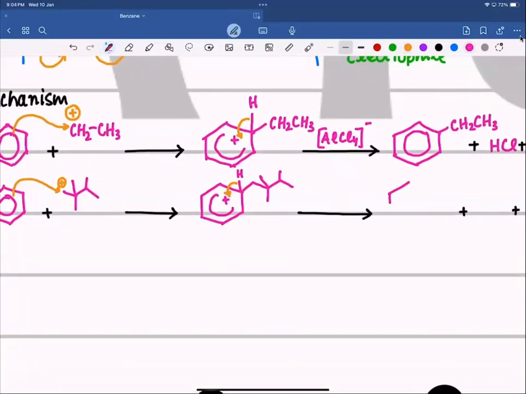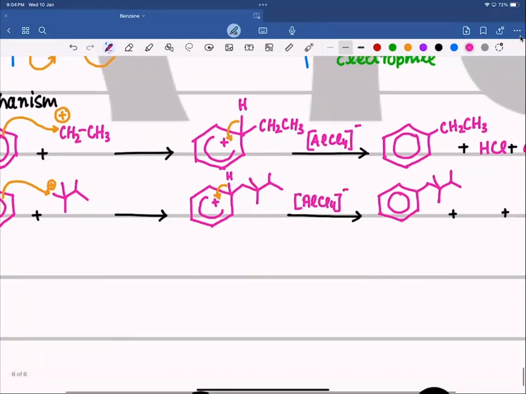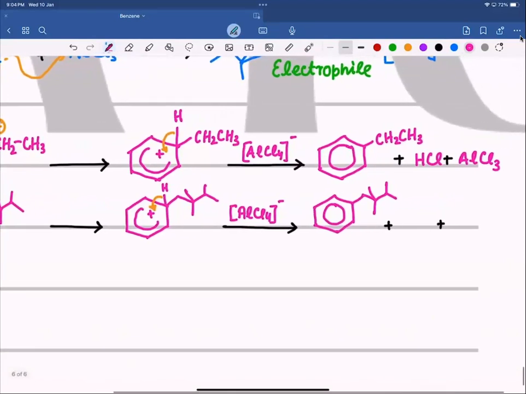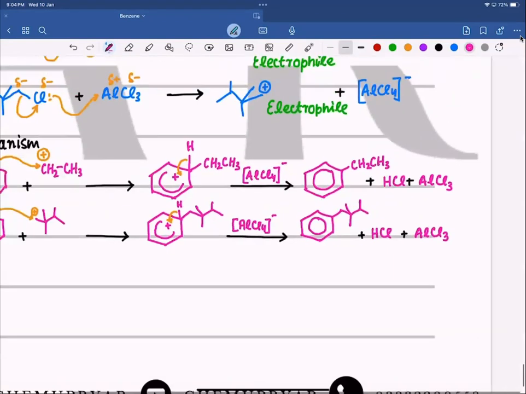As a result, our organic product is formed. And the hydrogen ion is released from here, interacts with AlCl4 negative. As a result, chloride ion is released, and that chloride ion bonds with hydrogen ion to form HCl, and our catalyst for the reaction is restored.